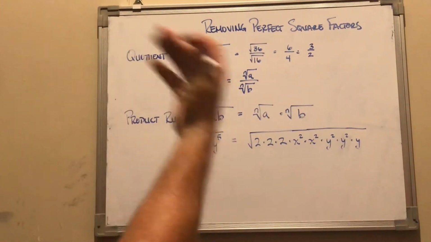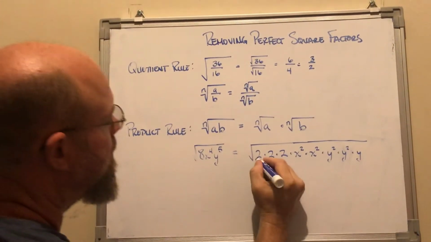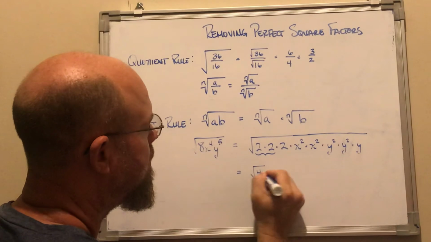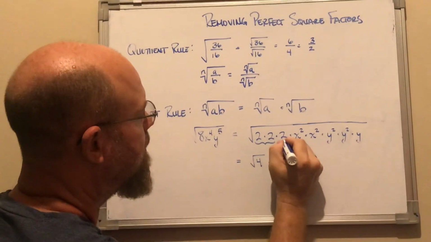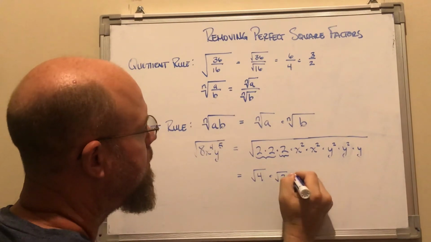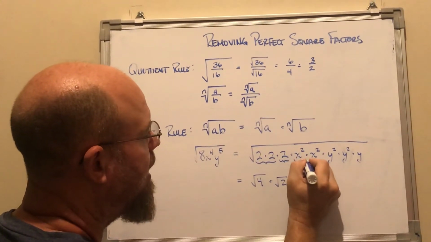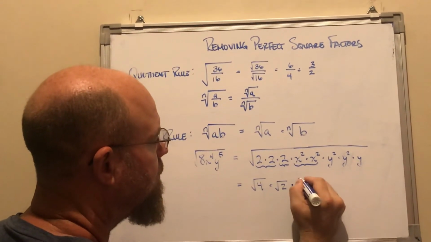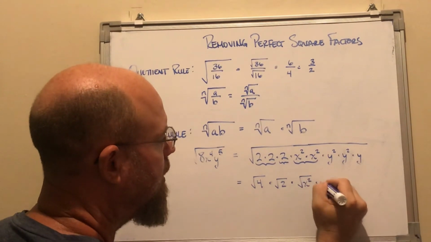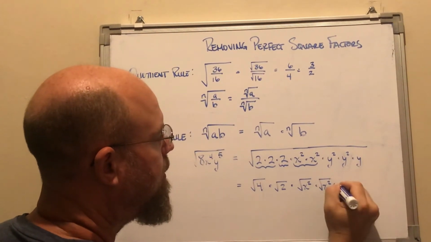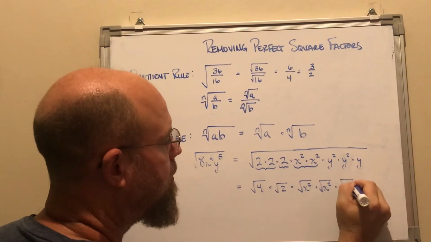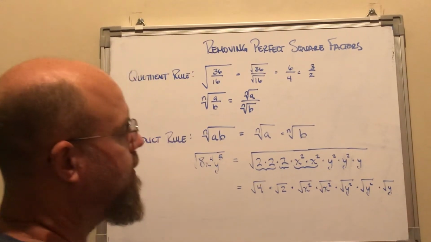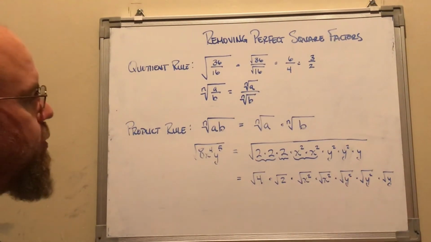So what we can do here is, I've got 2 times 2, which is 2 squared, which would be square root of 4, times, I've got 1 left over, square root of 2, times x squared times x squared times y squared times y squared times square root of y.